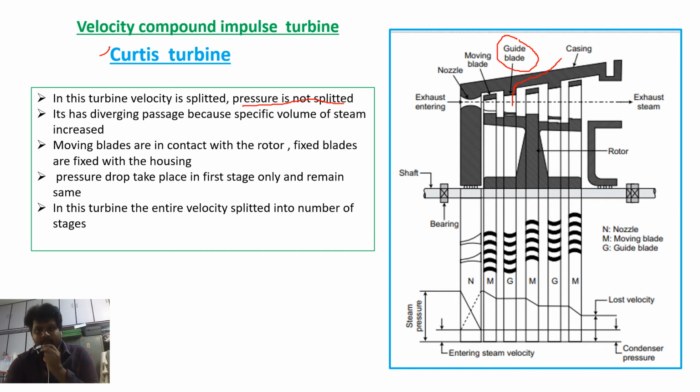Again I am repeating, the guiding blade is fixed to the casing so that it does not move. But the function of the guiding blade is it just guides the passage of the steam. That is the difference between moving blade and guiding blade. Here you can see moving blades and guiding blades are placed alternately.